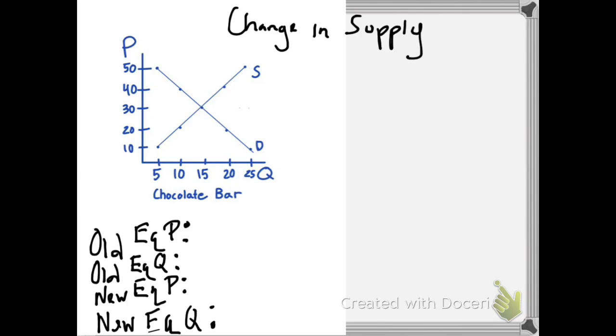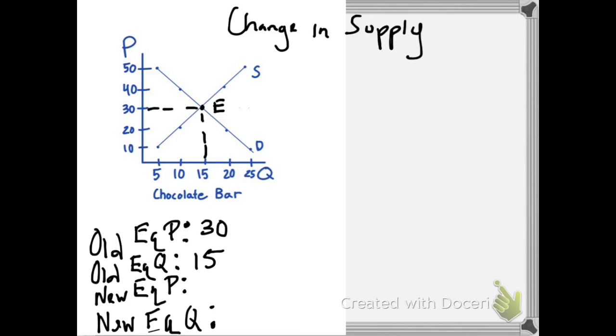Now in this graph we're going to be talking about a change in supply regarding expected future price. Same as before, we have the same equilibrium point, price at 30 and quantity at 15. Now let's say the expected future price of candy bars is going to be higher.